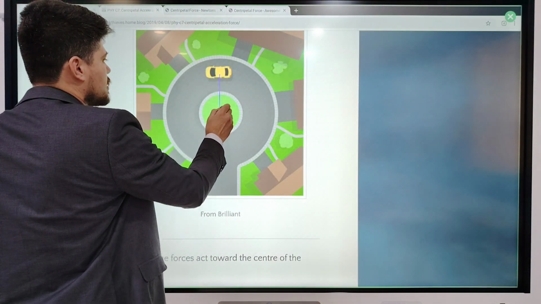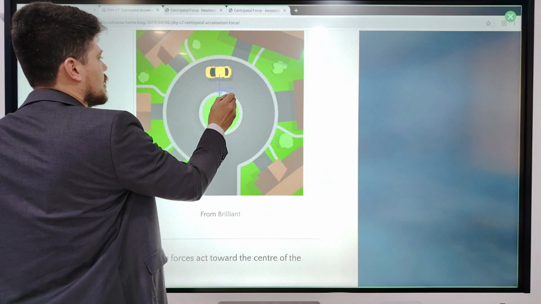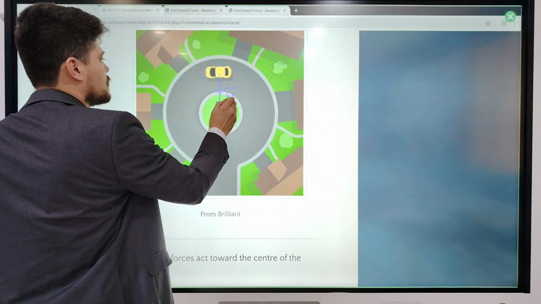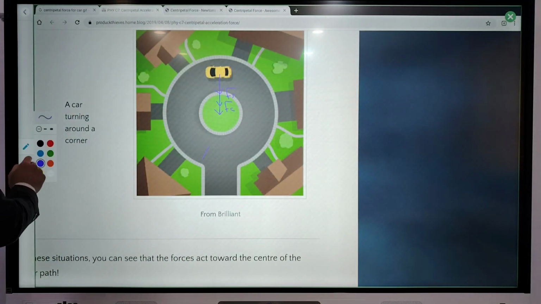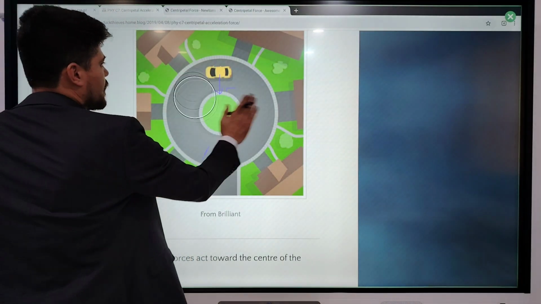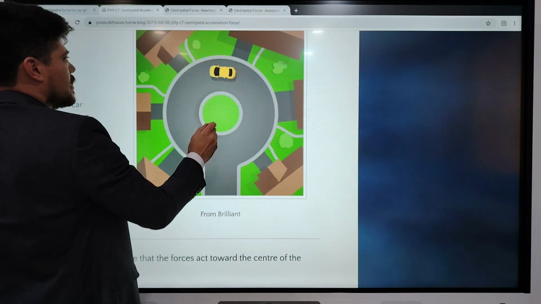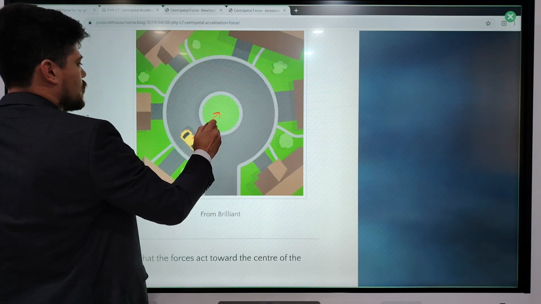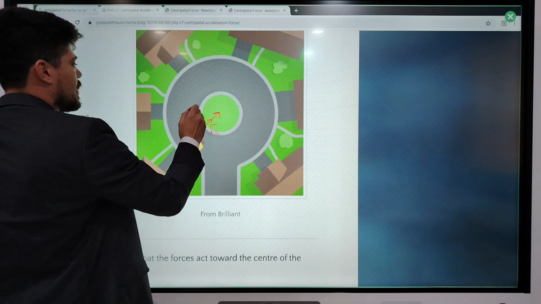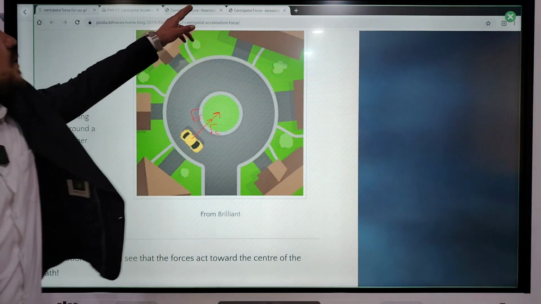The force that maintains the car in circular motion is F_c, which is provided by F_s. What is the direction of the centripetal force? Directed toward the center, which is provided by F_s.